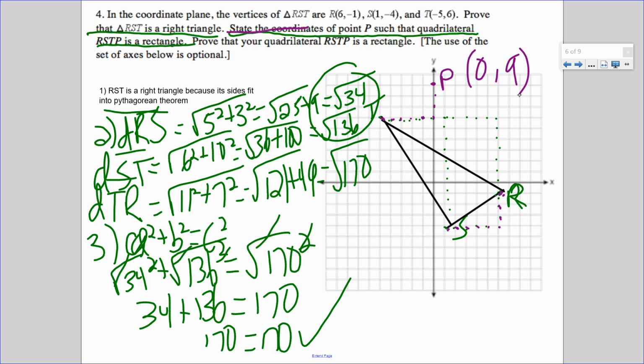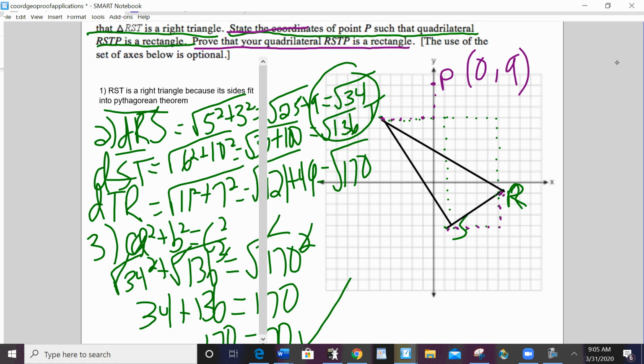Now, it says to prove that RSTP is a rectangle. Well, let's draw the rectangle in.